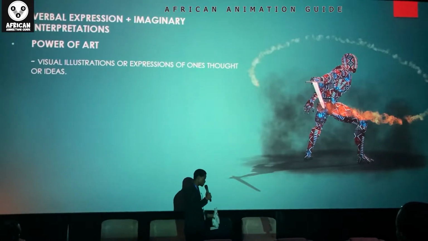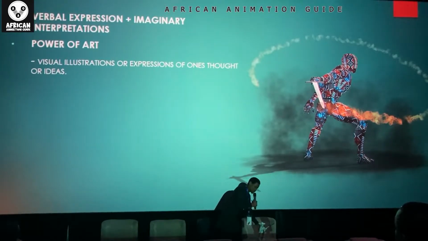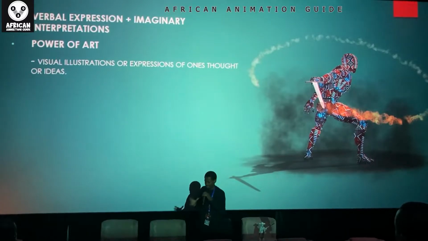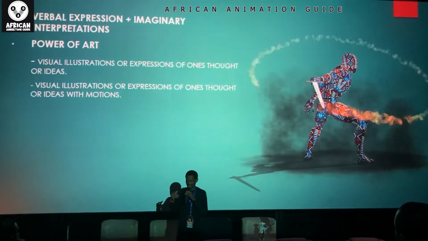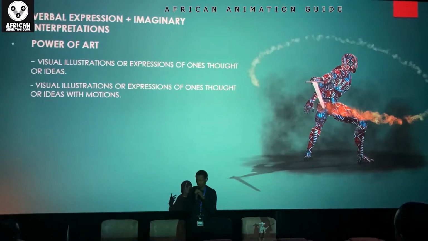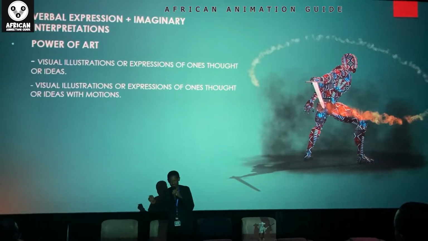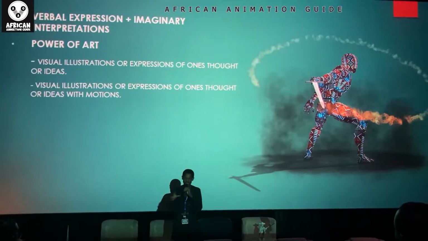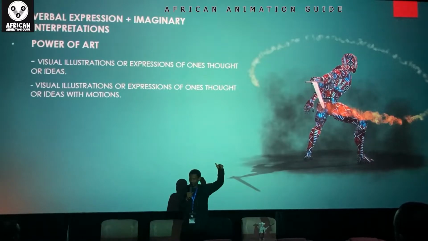Then that takes me to my definition of animation. Animation for me is a visual illustration or expression of one's thought or one's idea with motions. Now the motions are the detail that we added to the artwork that we started with.